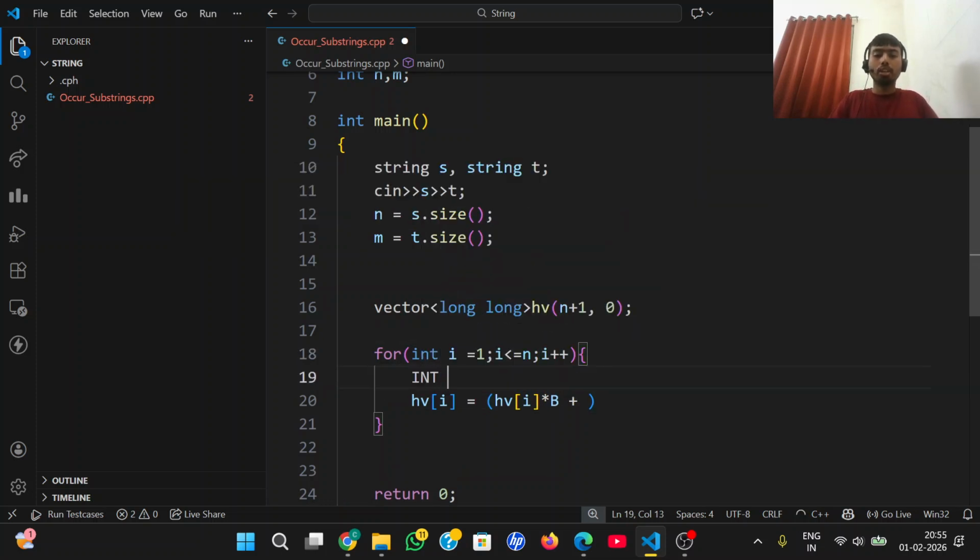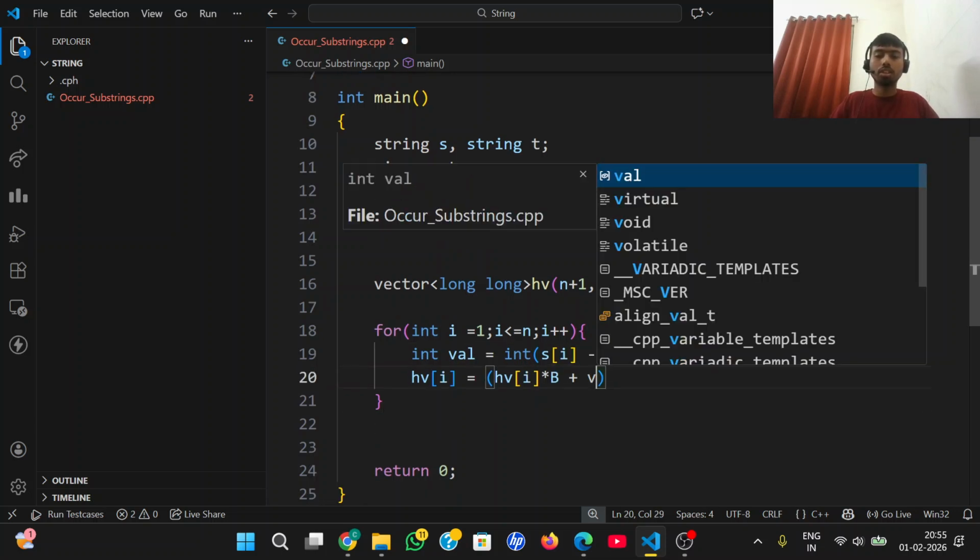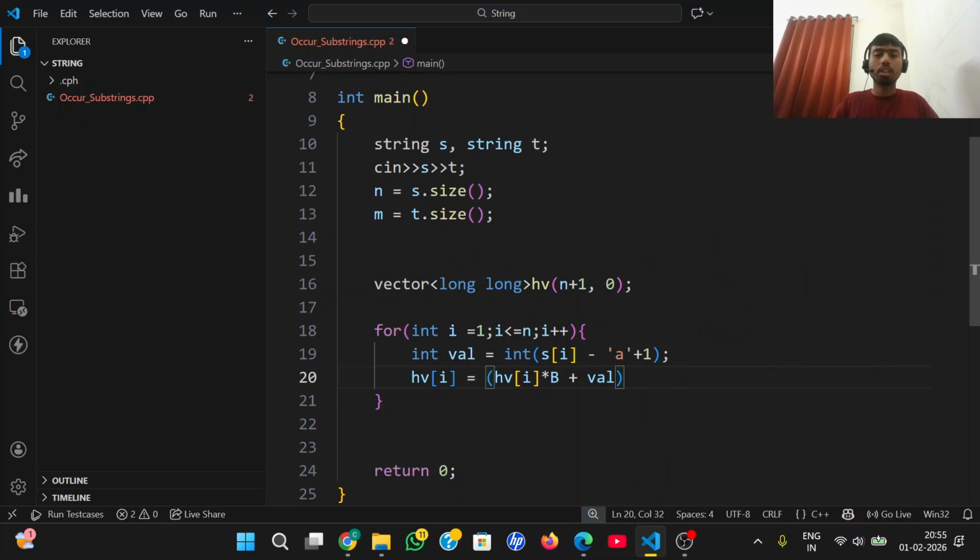Let me find the int value: int of s of i minus a plus 1, which gives 1 to 26. Put the value here, and take mod here. Okay, so this is the hash vector of string s.